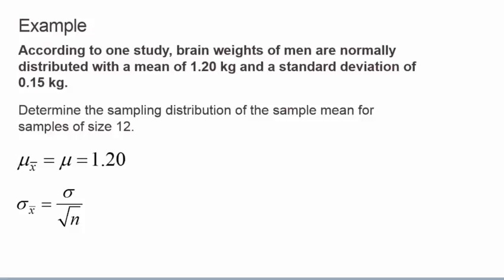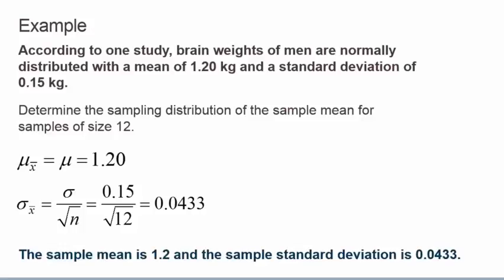For the standard deviation of the sample means, we still want to use 0.15, but this time our n is 12, so we have 0.15 divided by the square root of 12, which gives us 0.0433. The sample mean is 1.2 and the sample standard deviation is 0.0433, both in kilograms.